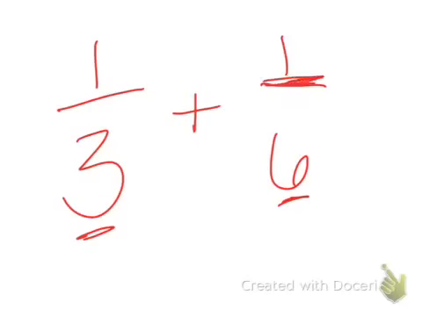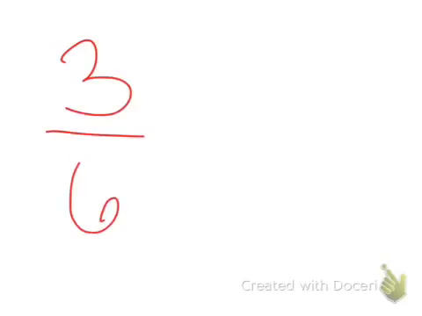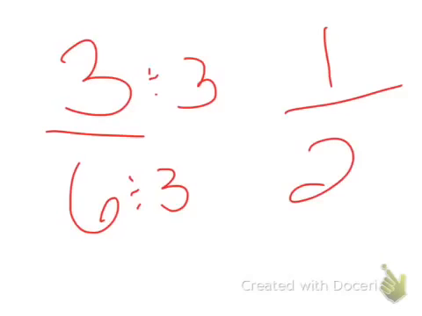So I'm gonna leave 1/6, and I'm gonna make this one into 6. And what I need to do is do 3 times 2. So if I do it to the bottom, I have to do it to the top. So 2/6 plus 1/6 equals 3/6. But I hope you know that 3/6 is not my answer, because I can divide the top and the bottom by 3, and that leaves me with 1/2.